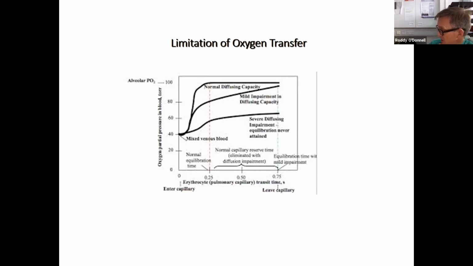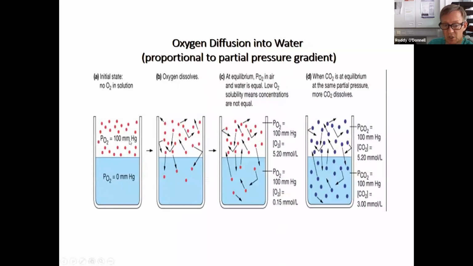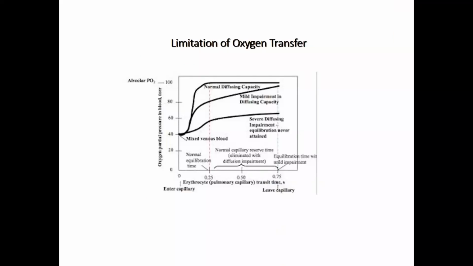So if you've got inflammation going on in that bit, or edema or swelling, you've got an increase in the gap that allows oxygen to diffuse into the water. It's got to diffuse through swollen, inflamed tissue, and that will slow down the transmission of oxygen into the plasma.